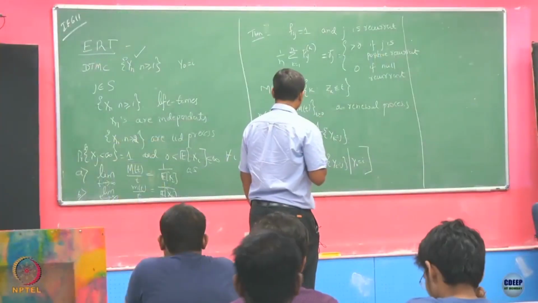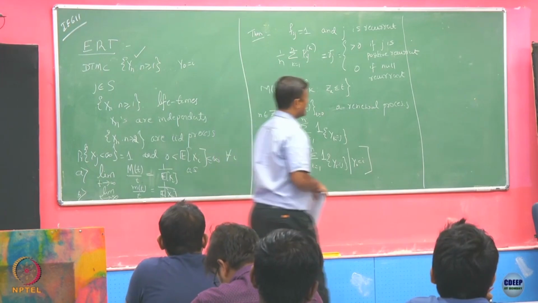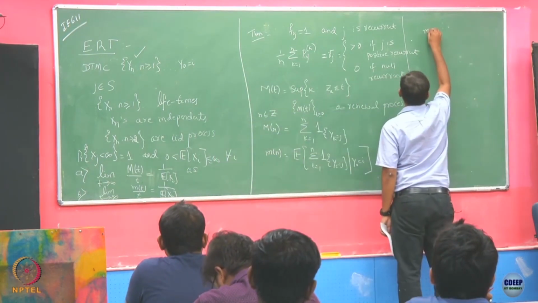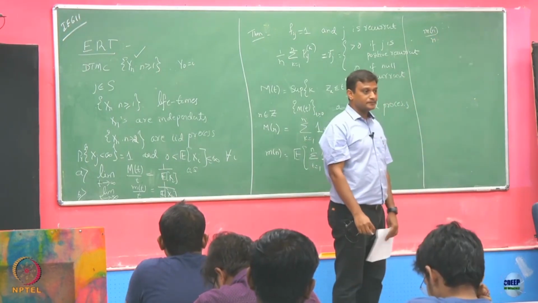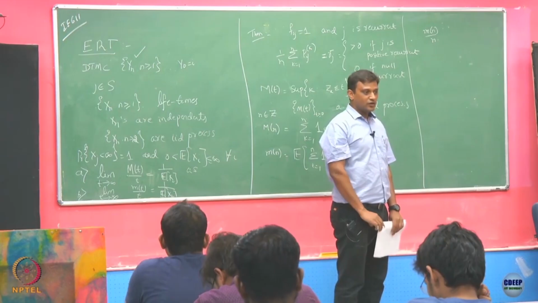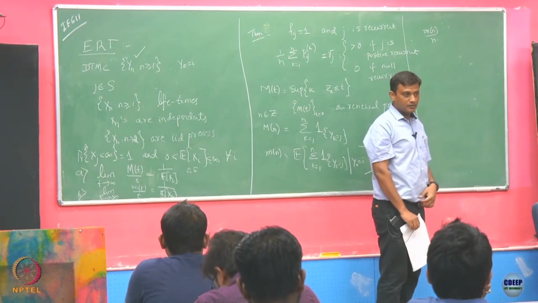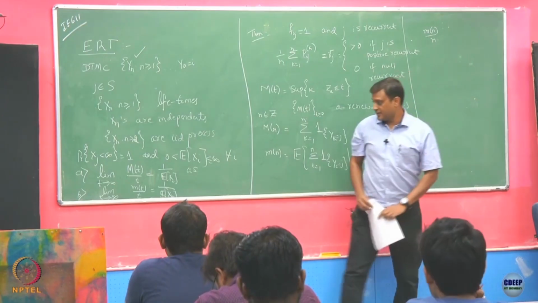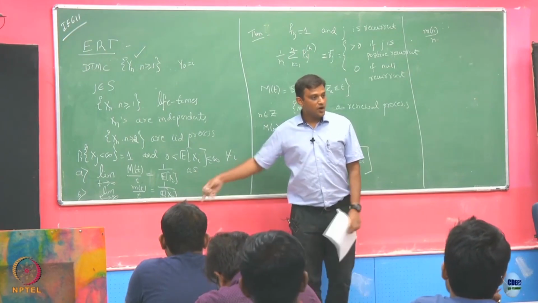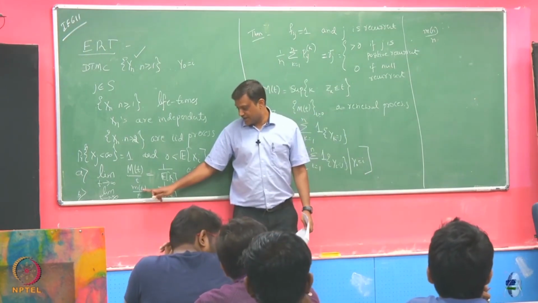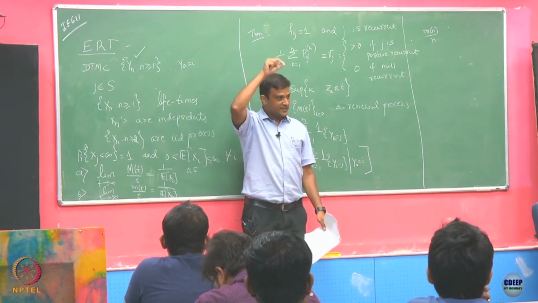Now let us look at the average of this quantity, m of n by n, as n goes to infinity. So as n goes to infinity, what do you expect m of n by n to go to? Is it going to be the same limit as this? All I am doing now is, instead of looking at t at all possible values, I am only looking at t taking integer values.